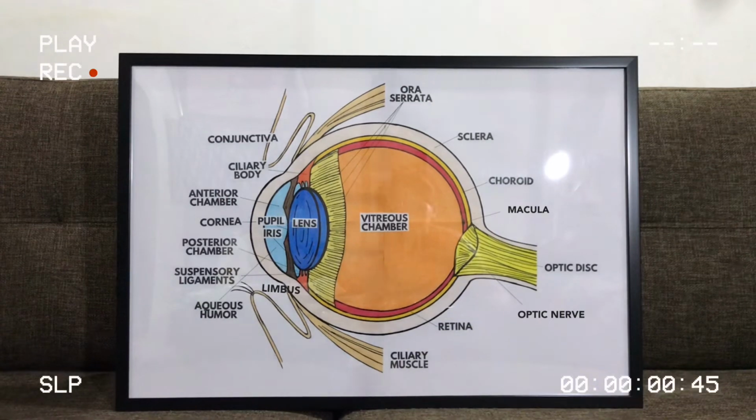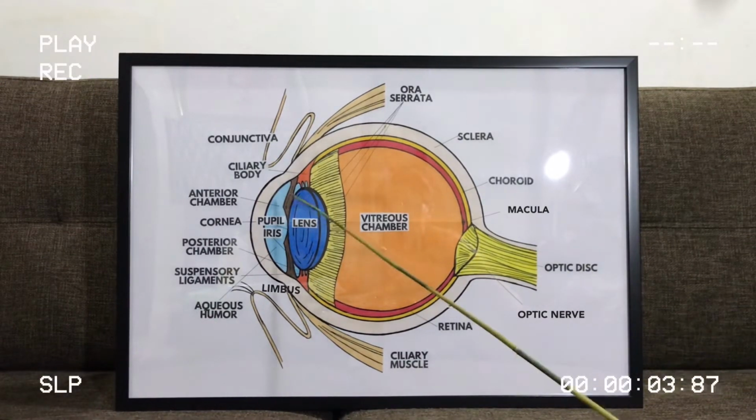It is made up of collagen fibers in a very special arrangement so that the cornea is clear or transparent. Through the cornea, you can see the iris and the pupil, which will be further discussed later. The function of the cornea is to bend light that comes into the eye so that it is focused on the retina.